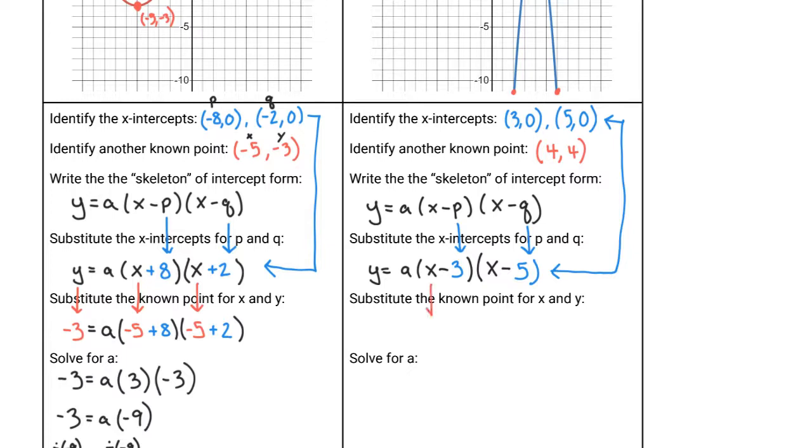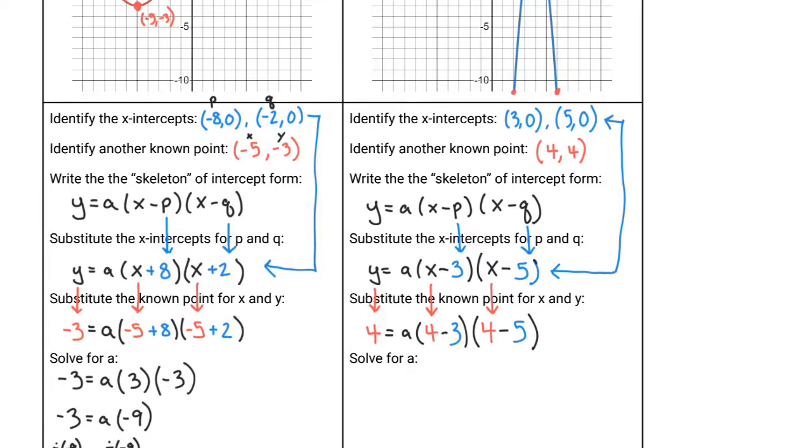From there, we're just going to plug in our known point. Again, in this case, I grabbed the vertex. It doesn't have to be the vertex. Sometimes you can't see where the vertex is landing, but in this case, we were able to. We saw 4, 4 equals A. And we got 4 minus 3 and 4 minus 5.